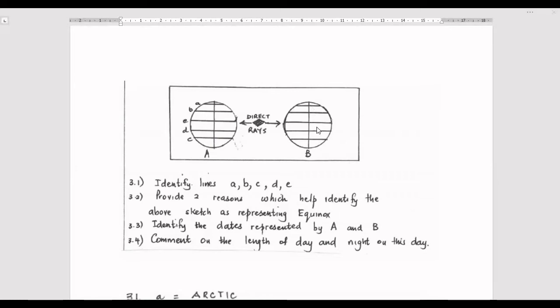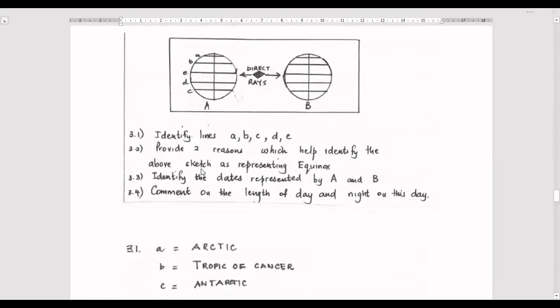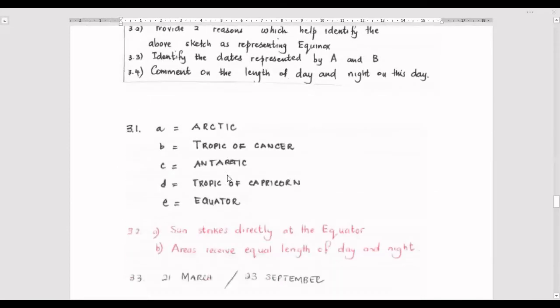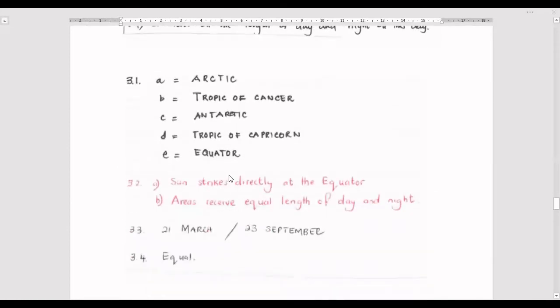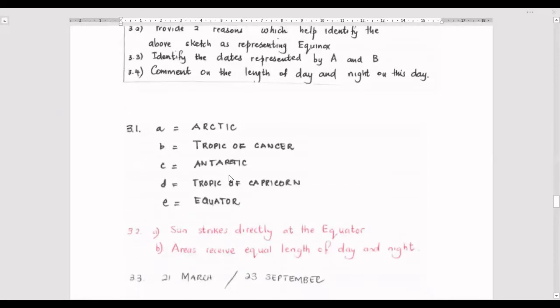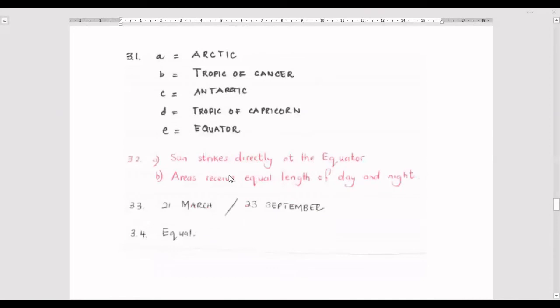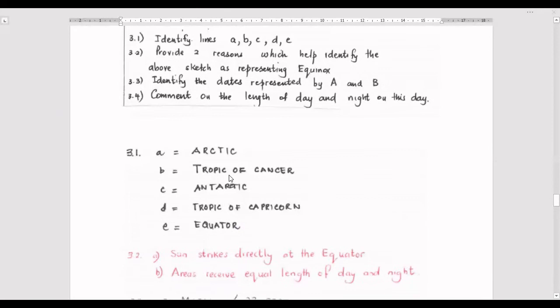This area here is away from the sun, and that will have darkness. Likewise, this part here is not facing the sun. It's therefore going to experience darkness. The dates that are shown here are the dates for equinox, 21st of March and 23rd of September.